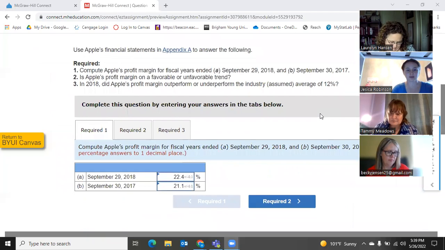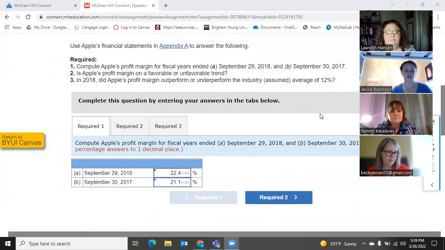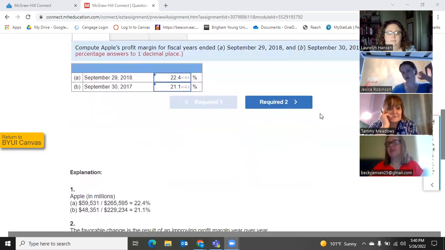All right, so here we are. Becky, are there specific parts of this, or are you just thinking, I don't know what I'm supposed to do here? I wish I could say. When I go into that Appendix A, I'm lost. There are pages, and I'm like, is it this? I know what the formula is.